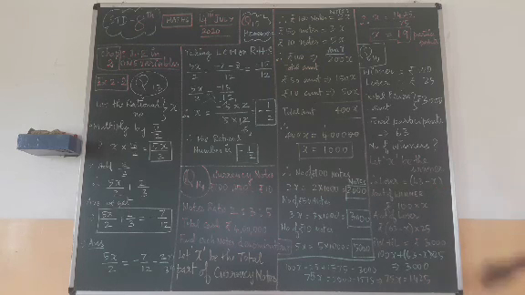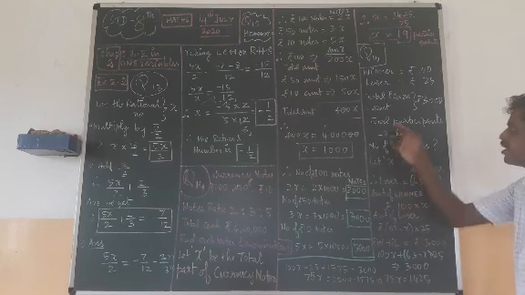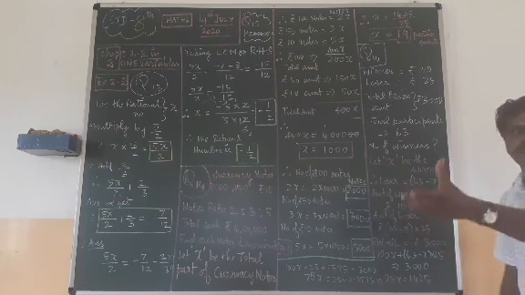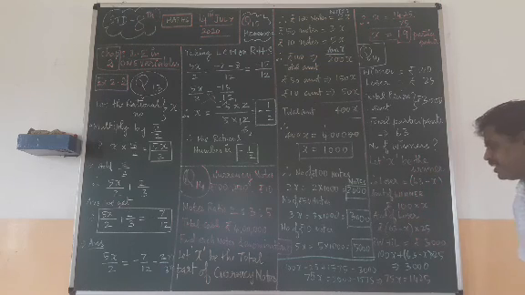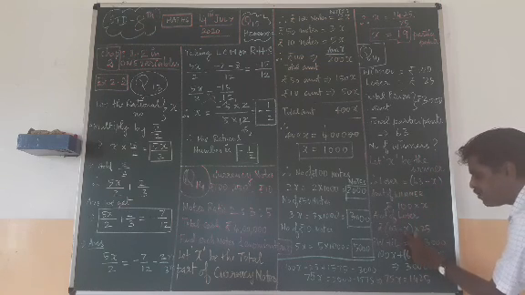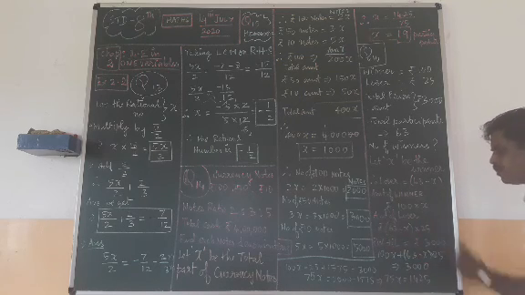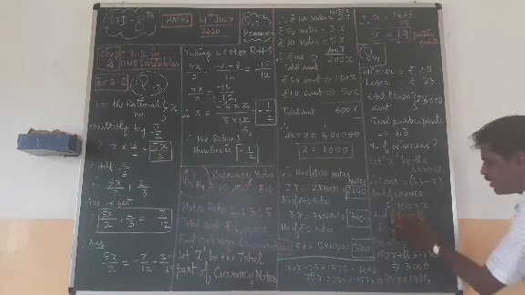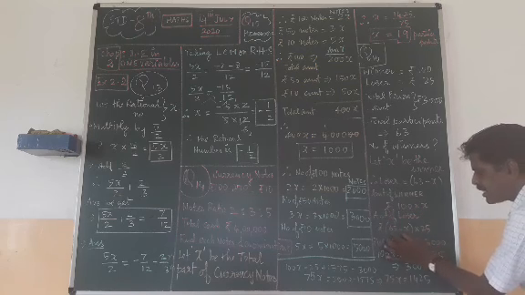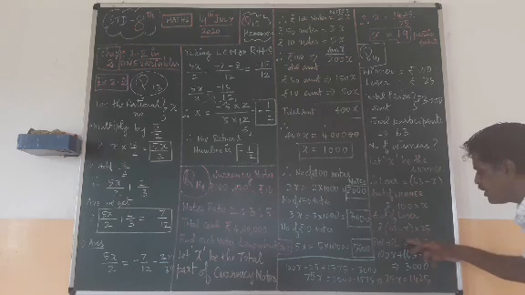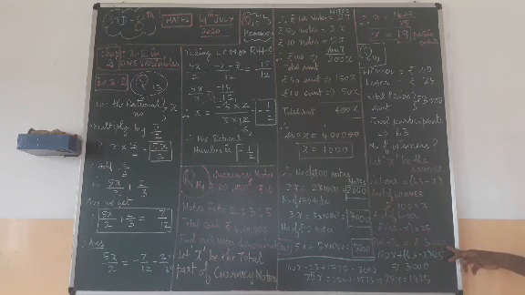The amount for winners: each gets 100 rupees, so x into 100 is 100x. The amount for losers: 63 minus x into 25 rupees. These two you add, and that total is equal to 3000.